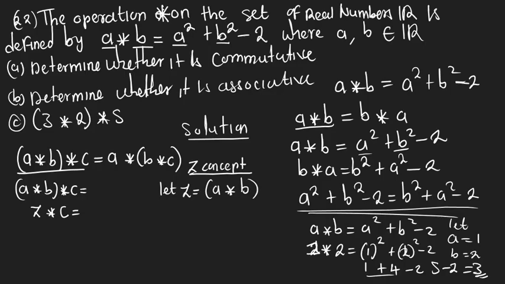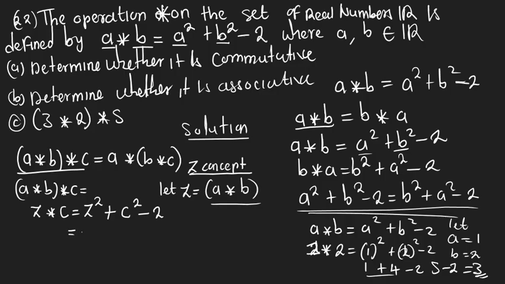That implies that Z star C is the same as Z to the power 2 plus C to the power 2, and every time we perform star, we are getting a minus 2. Guys, is it the same? Yes. Okay, Z concept.